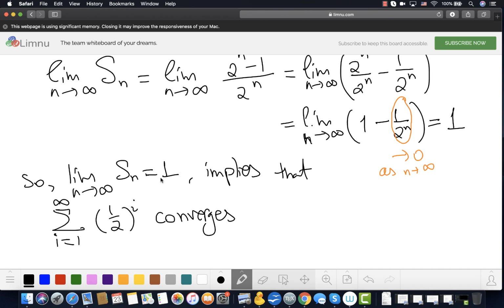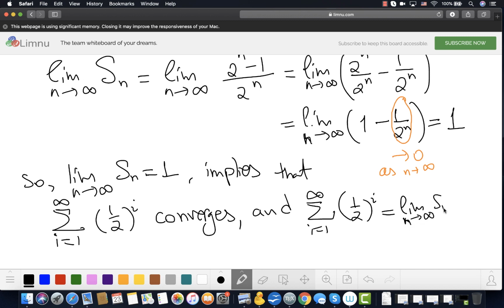So the limit as n goes to infinity of Sn exists, and in this case it's 1. In fact, we said that if the sequence of partial sums converges, namely that the Sns have a limit, the infinite series converges, and moreover, the value of the infinite series, i goes from 1 to infinity of 1/2 to the power of i, is equal to the limit of the Sns, by definition. So this is the limit as n goes to infinity of Sn, so it is 1.